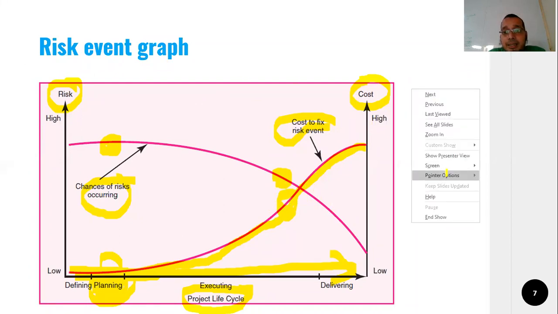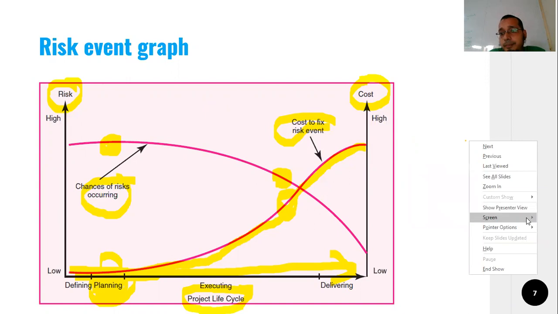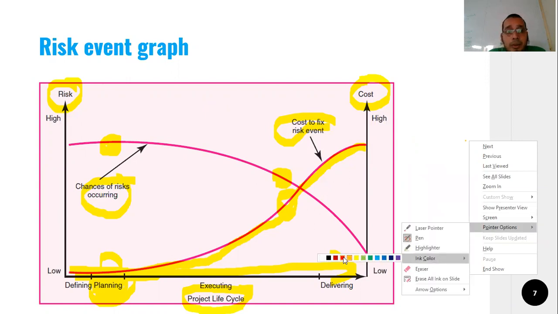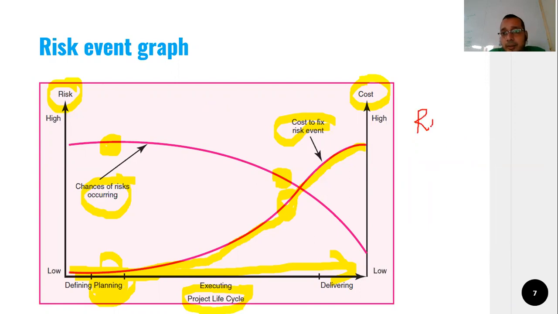For exam purposes, if I tell you to explain the relationship, or to explain the risk event graph, you should write in this way: the risk event graph is an association between risk, cost, and project life cycle, PLC.